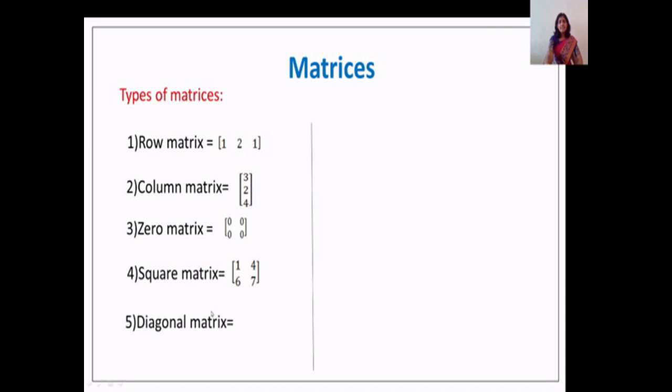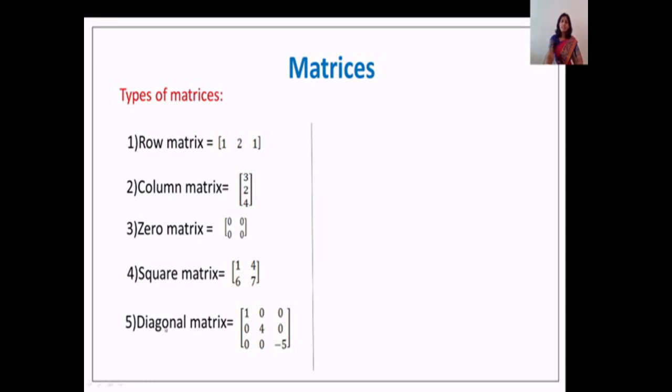Then next is diagonal matrix. What is a diagonal matrix? It is a square matrix in which the non-diagonal elements are 0. Look here in the example. These are the diagonal elements, and these are the non-diagonal elements. These non-diagonal elements are 0.